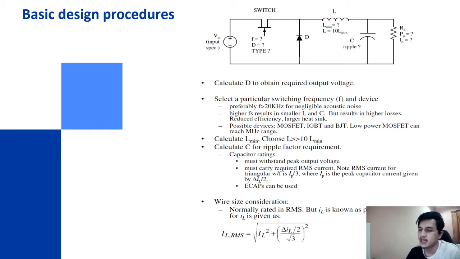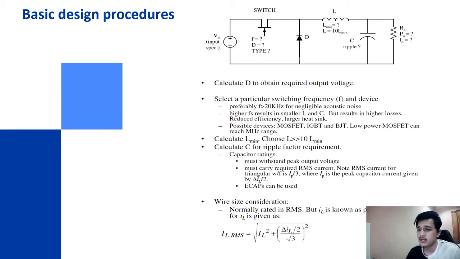Capacitor rating must withstand peak output voltage. Second, it must carry the required RMS current. Note that the RMS current for a triangular waveform is IP over 3, where IP is the peak capacitor current given by the triangle ΔIL over 2. Caps can be used.